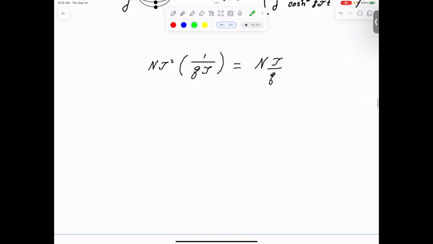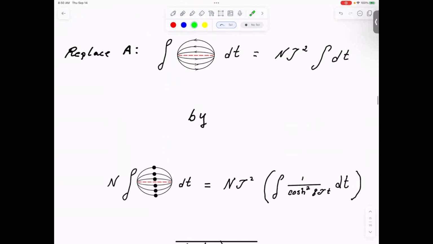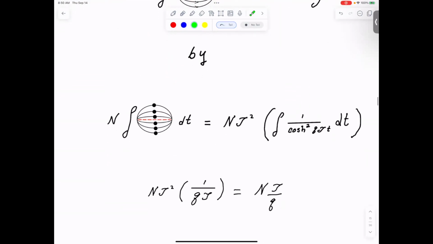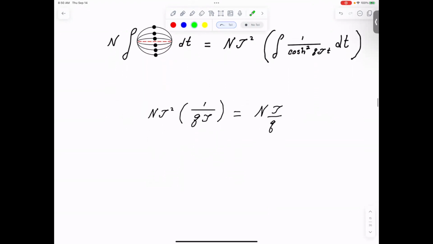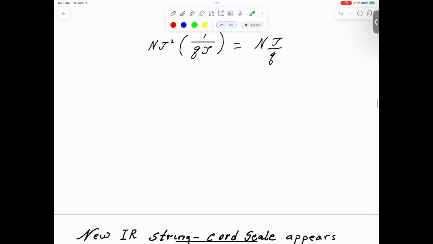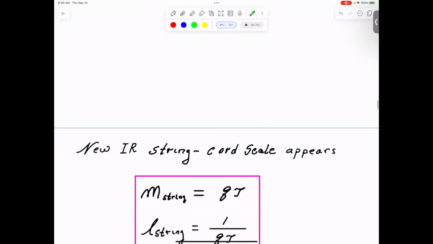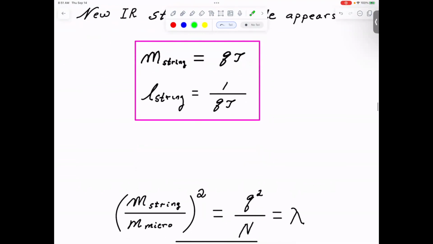The infrared divergences are gone, but more important, a new time scale has materialized out of summing an infinite family of melonic graphs. We'll call that new scale the string scale. The mass scale associated with it is q times j. The length scale or time scale is 1 over q times j.